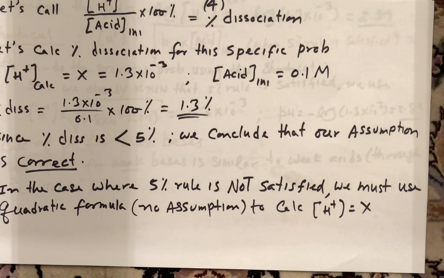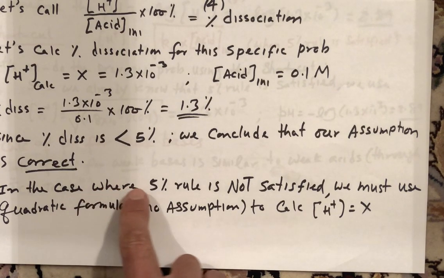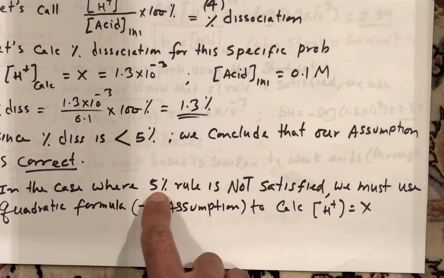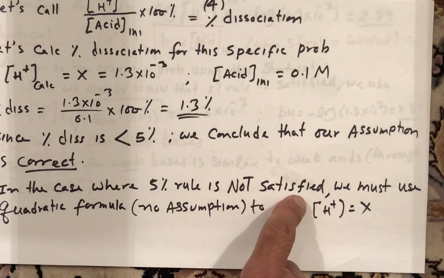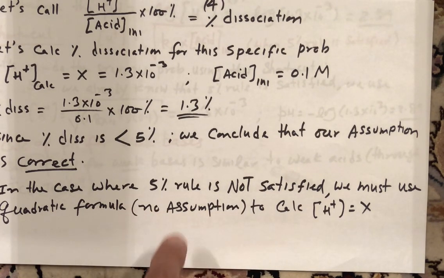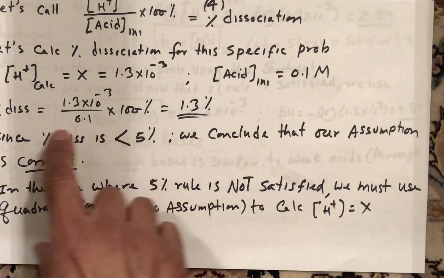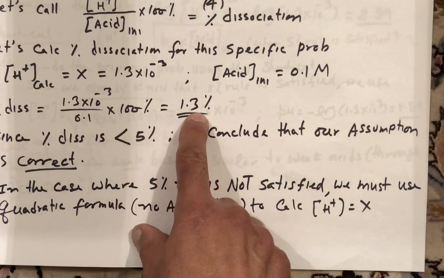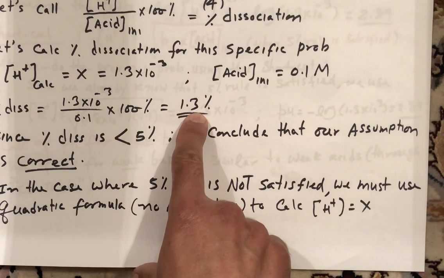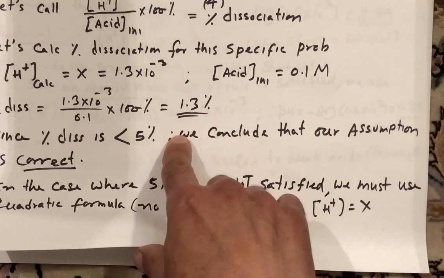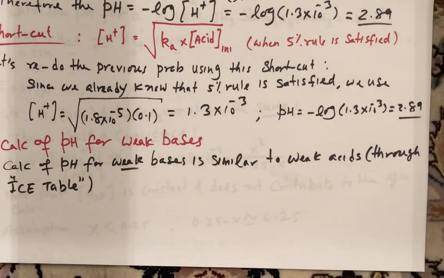Again, I'm just reiterating that the 5% rule has to be satisfied in order to avoid a quadratic formula. Since 1.3 is less than 5, we are okay with the assumption. But if this percent dissociation is greater than 5%, we have to go back and use a quadratic formula.